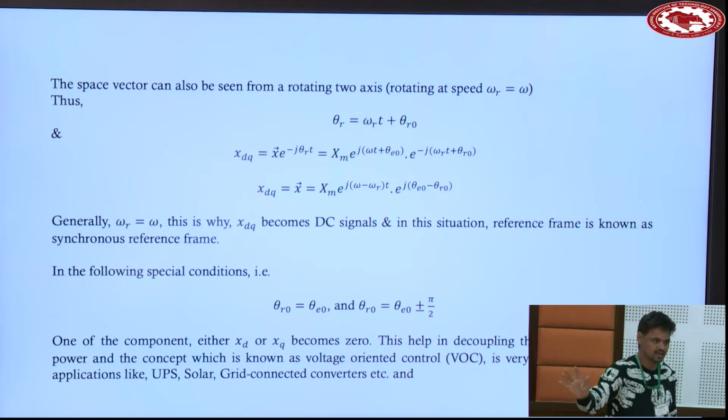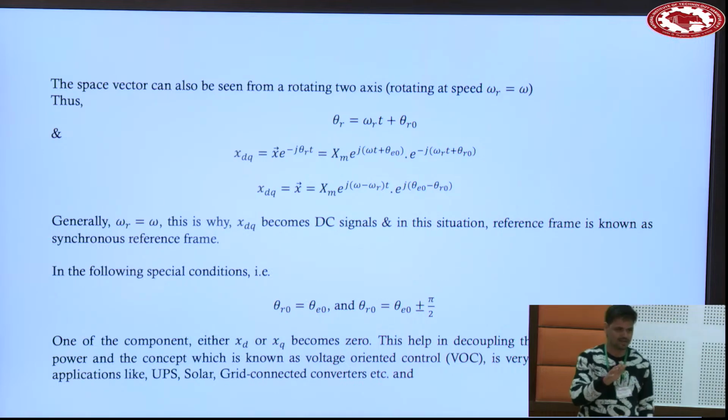If omega is equal to omega r, there is no time varying component now. So both are DC. But that is not useful information when it comes to inverter control, grid connected converter control.